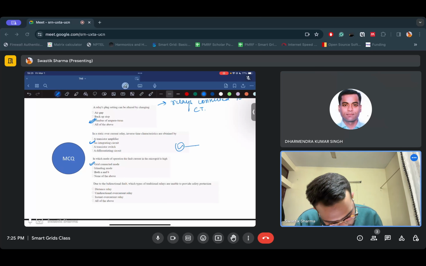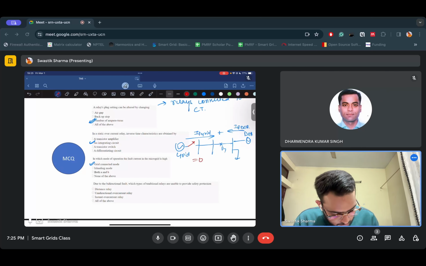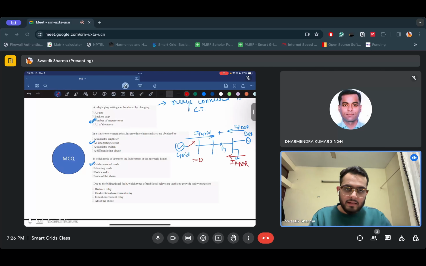So let's say you have a grid and you have a relay, and there is this DR and a fault occurs. So the fault current will come from the grid side plus the DER side if it's connected to the grid. Let's say the switch is opened. If it is opened, this current would be 0, and the only current will come from the DER side. So the contribution of the current would be higher in grid connected mode, not in islanding mode.